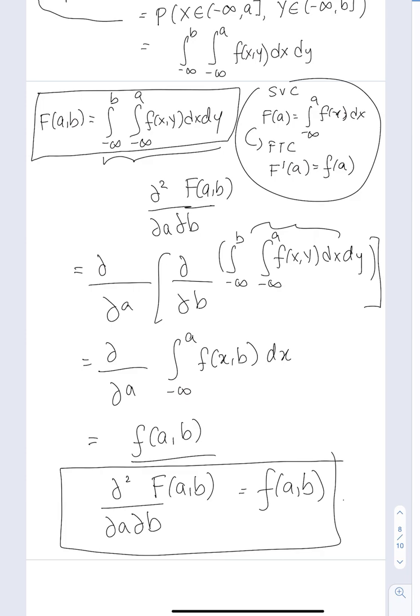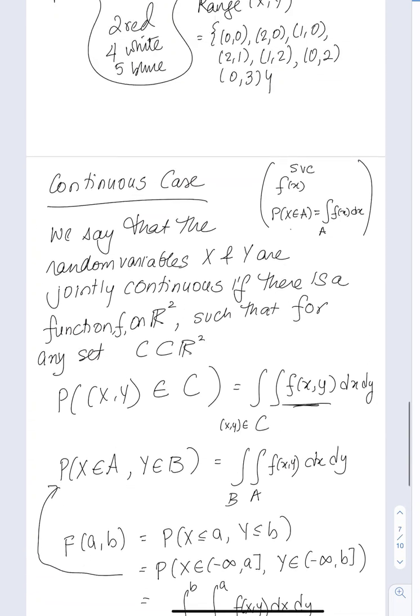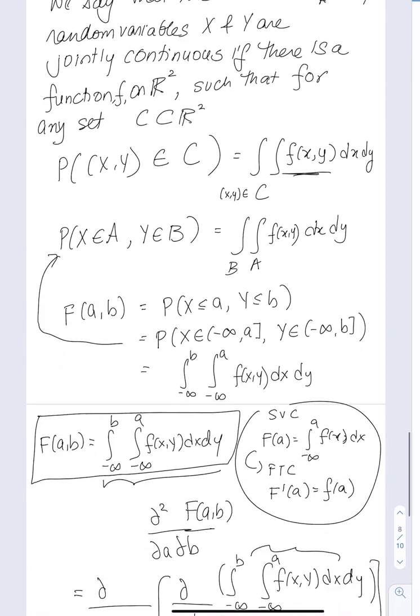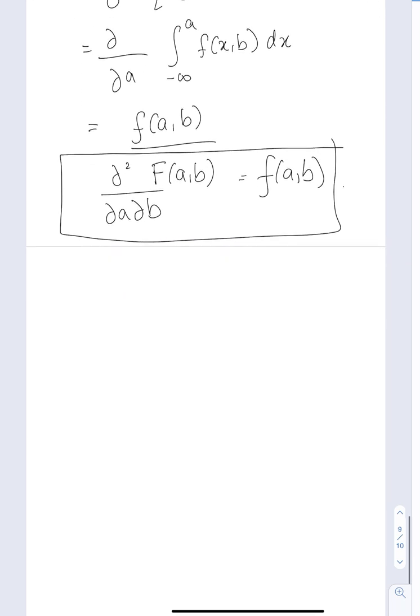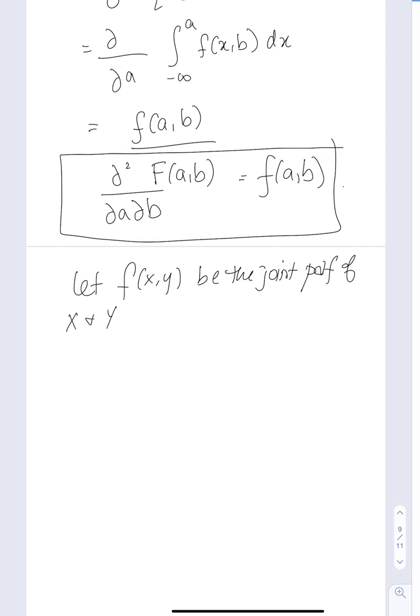And what we have to do next, just like we did in the discrete case, let's try and find the relation between the probability density functions of the individual random variables x and y, along with the joint probability density function of x and y. Okay, so let f sub x comma y be the joint PDF of x and y.